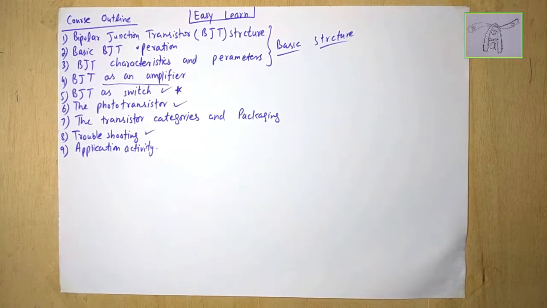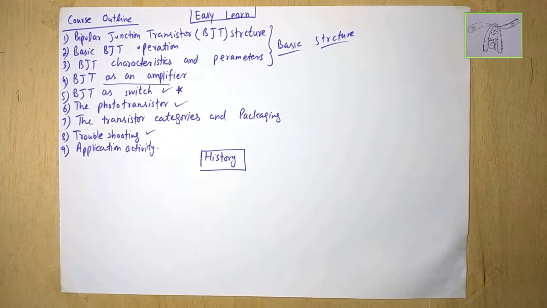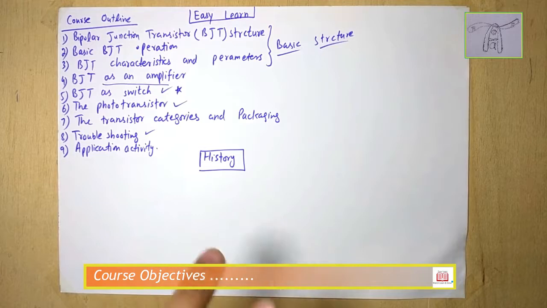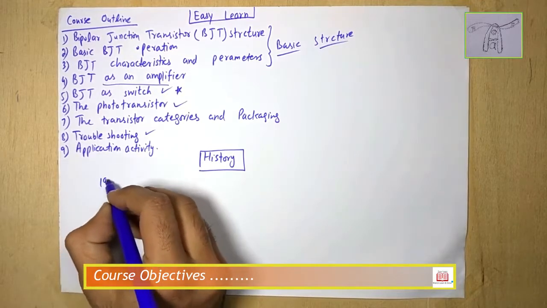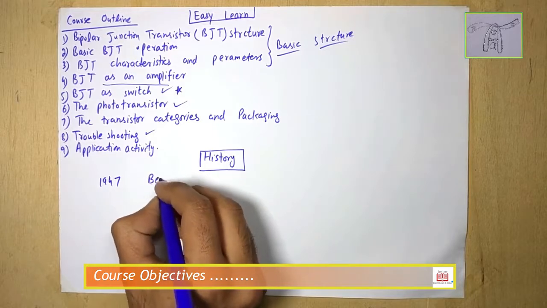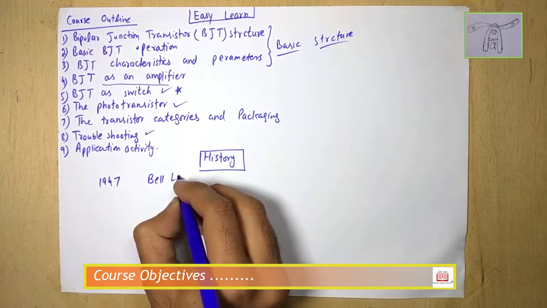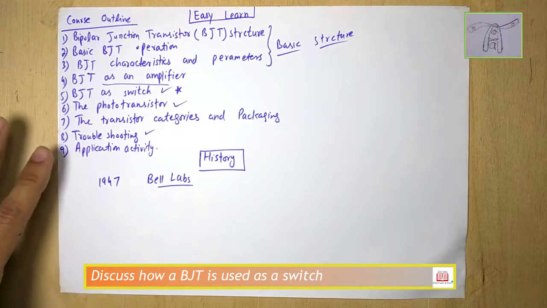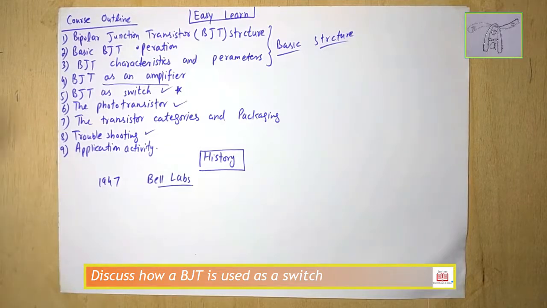Another thing I'm going to discuss is some history. Let's talk about the history of the transistor. The transistor was invented in 1947 by a team of scientists from Bell Labs. Bell Labs is a very popular lab where many scientists have invented many useful things. Solid state physics was the start of a new era.